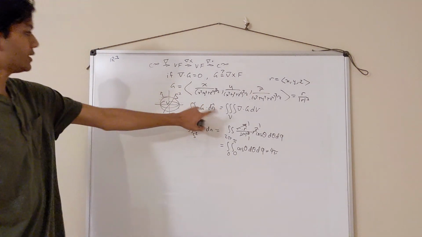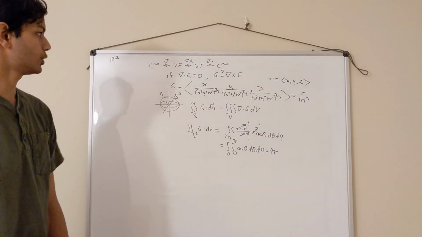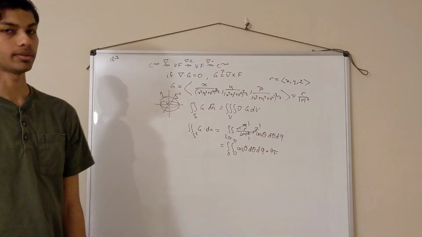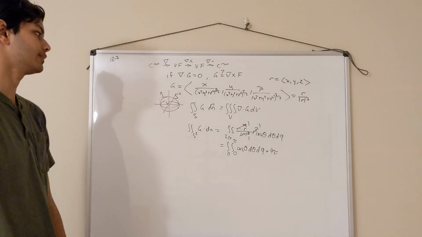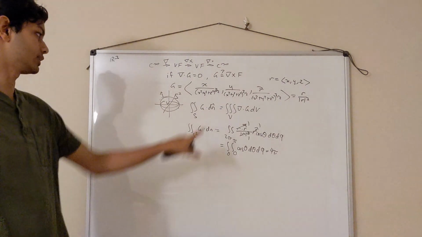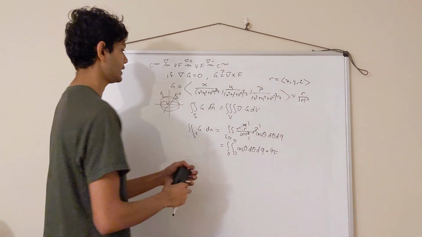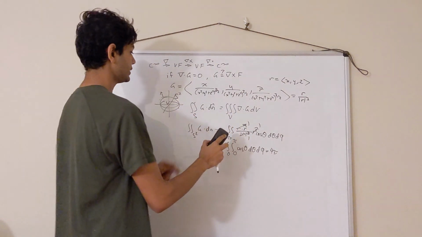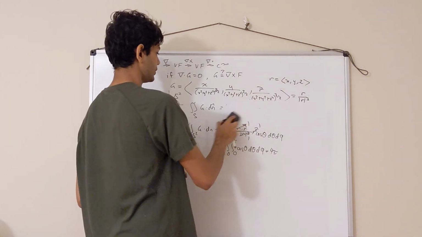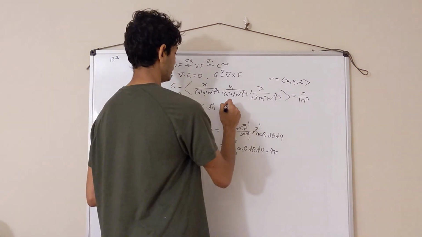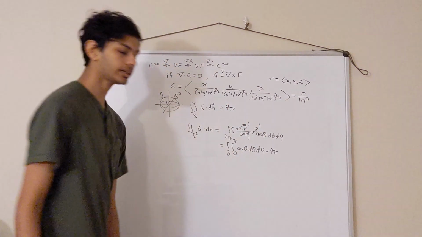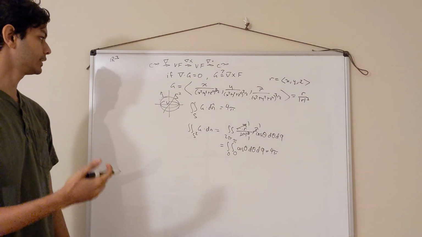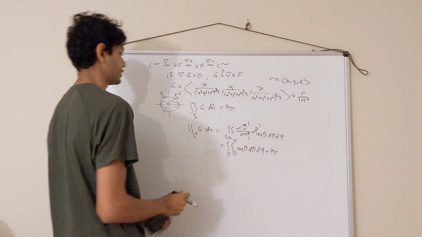So this doesn't immediately show us that G cannot be the curl of some vector field F, because we don't have something that looks like a curl of a vector field in this expression. But we can use the fact that this double integral over S is equal to 4 pi to show that we cannot have such an expression.